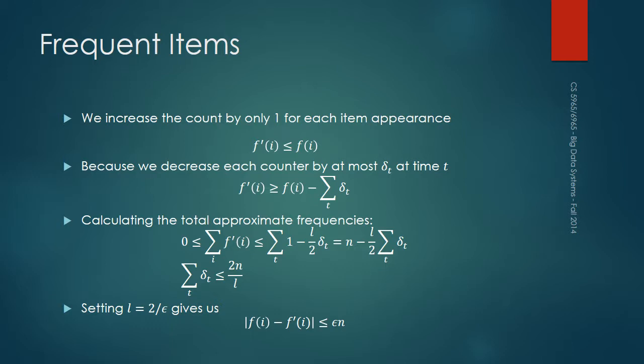Time here is each of these items showing up. I have one new item at every given time, minus L over 2, that's the number of entries, times delta t, that's how much I reduced. At each time point, a maximum of L over 2 delta t was subtracted.